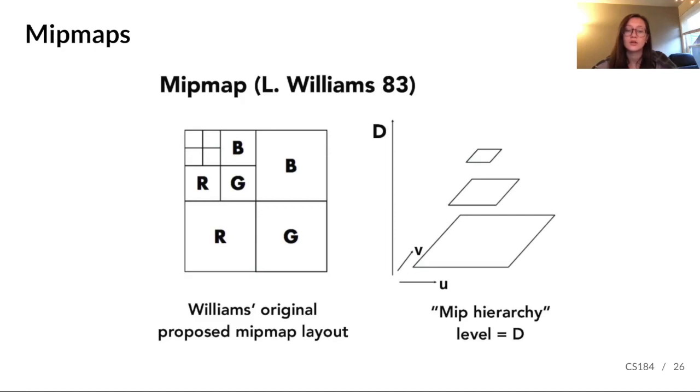We have computed all of these lower resolution textures, and we actually haven't increased the amount of memory that we are using by that much. We've only increased it by a third.